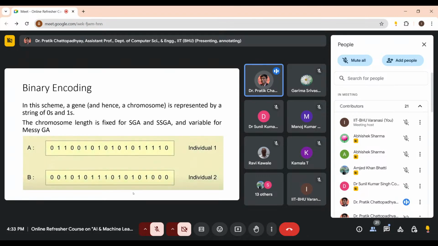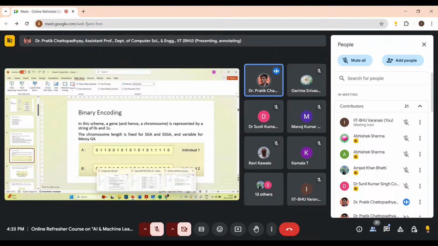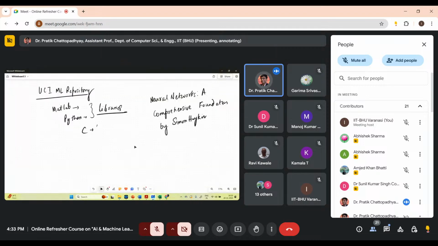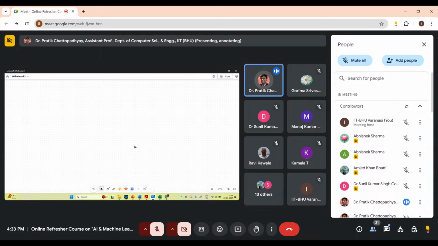Okay, so now let us come directly to how we do the genetic algorithm. Consider an optimization function. Let's say some function x square minus 5x plus 3.